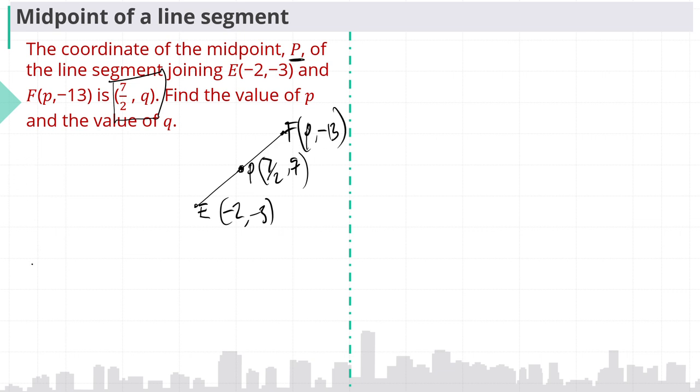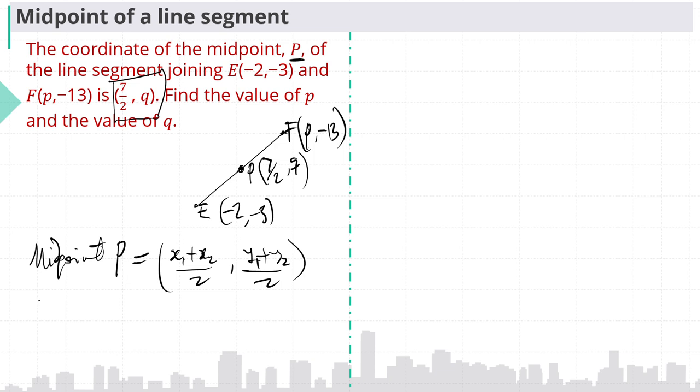So, by definition, the midpoint is equal to: go to the endpoints and take the sum of the x coordinates divided by 2, comma, go to the endpoints, take the sum of the y coordinates, divide by 2.